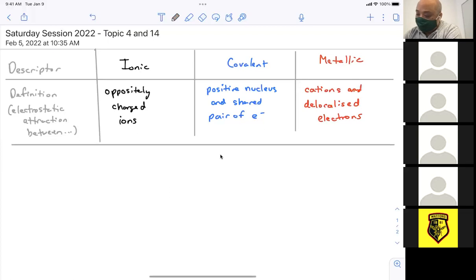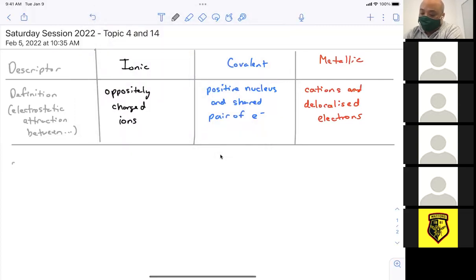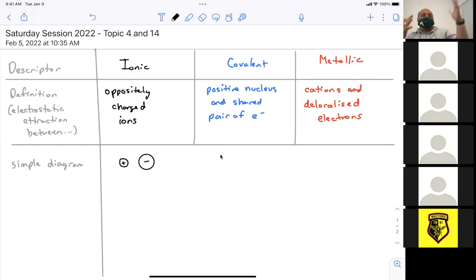So that will be our next diagram here. Okay. Our next descriptor will be a simple diagram. If I had to draw a simple representation of this, an ionic bond would look like this: a positive ion and a negative ion attracted to each other.